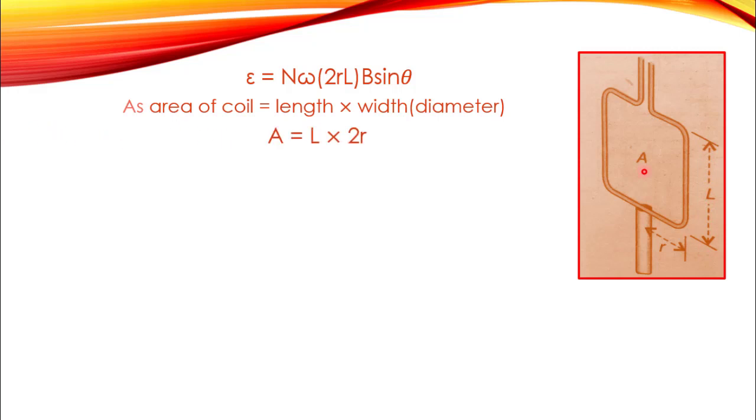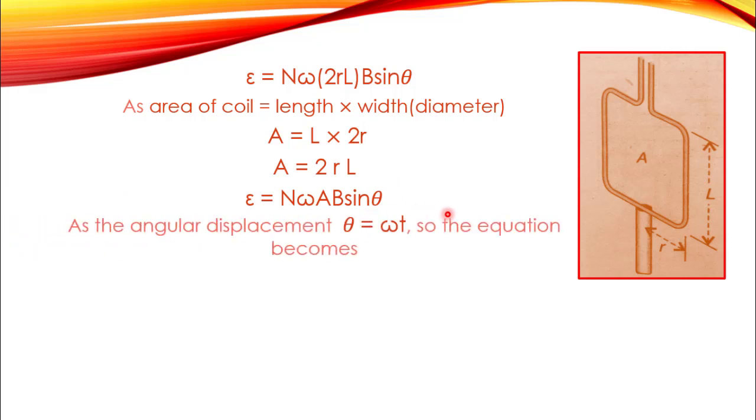Area is equal to length into width, so the area of the loop becomes 2rL. Substituting this value, the equation becomes n omega A B sin theta. As the angular displacement theta is equal to omega t, the equation becomes n omega A B sin omega t.